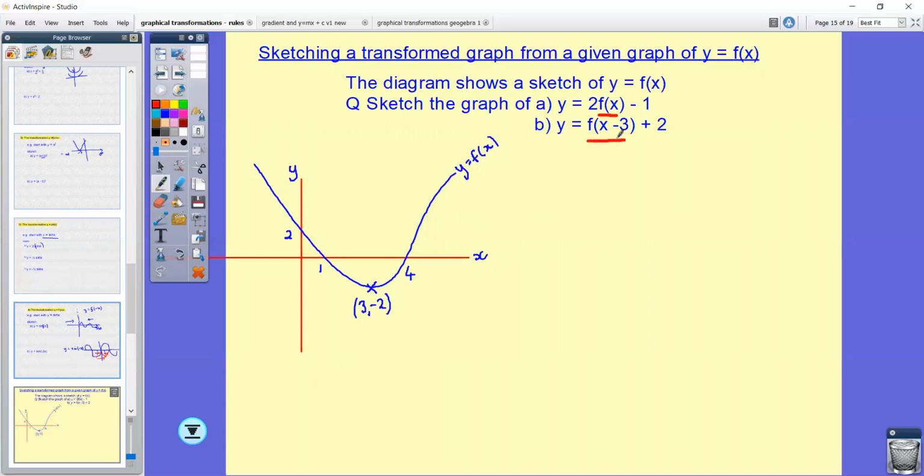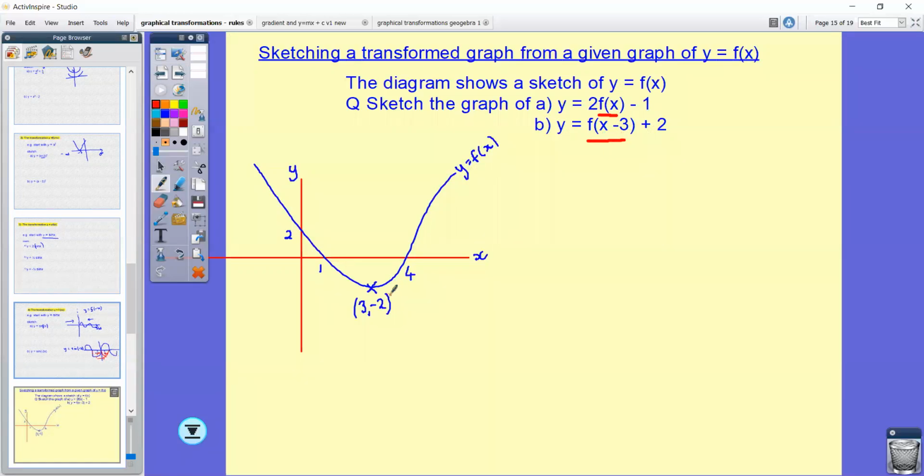Again, inside the bracket, what's going to happen here? Well, f of x minus 3, all the coordinates are going to occur 3 units later. And just a point on this, actually, is not to try and do the final graph. I don't think I said that all the way through. It's to draw it in stages. f of x minus 3. That means that point 3, minus 2 is now going to occur at, what's that going to be?